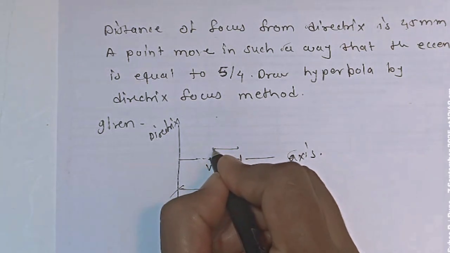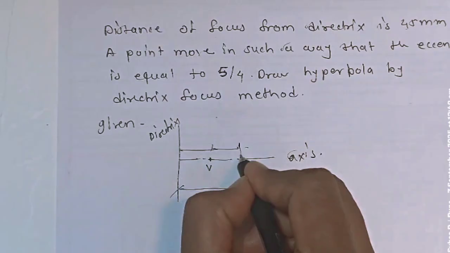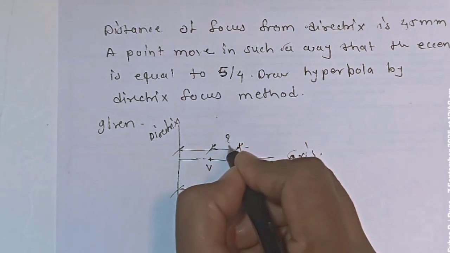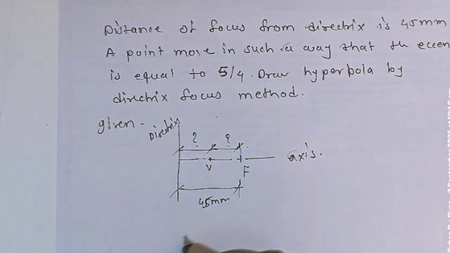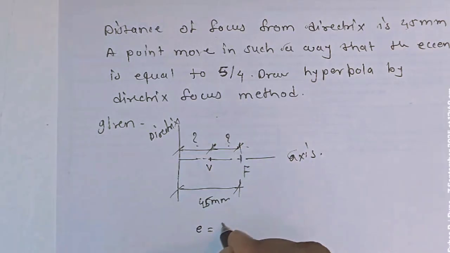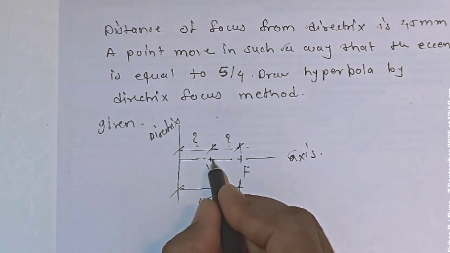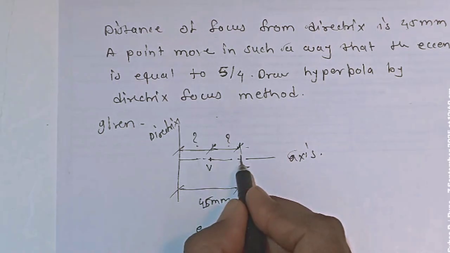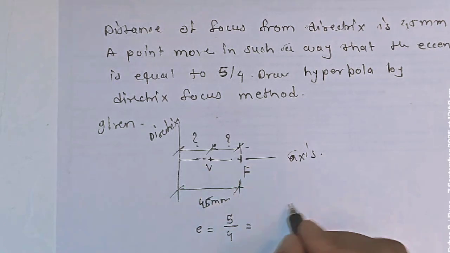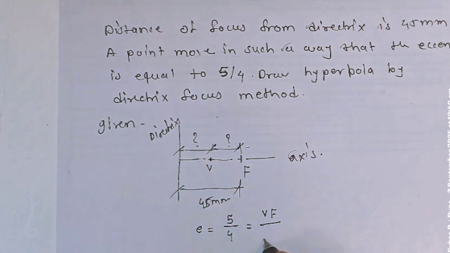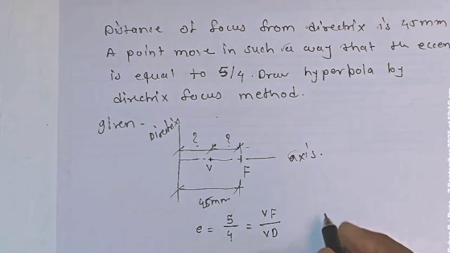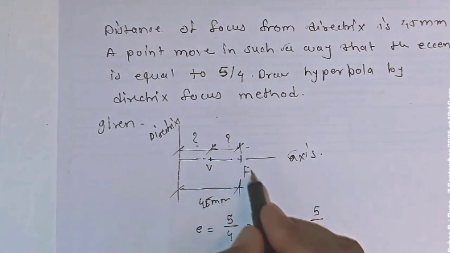So what is the formula of eccentricity? We have to find out the distance from vertex to focus and vertex to Directrix from that eccentricity ratio. The eccentricity means the ratio of vertex to focus divided by vertex to Directrix. That ratio is given, it is 5/4. Okay, so how do we get it? The total of these two is 45.